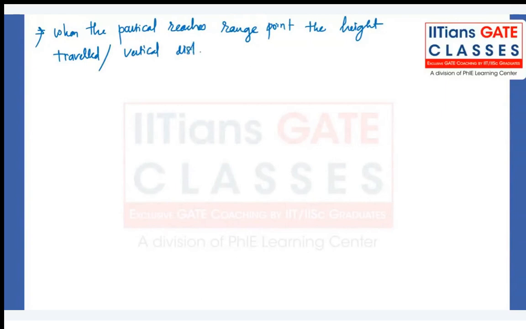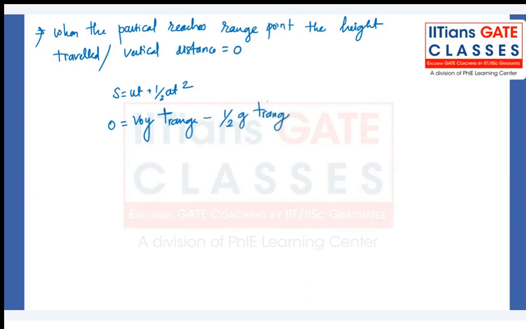You know s is equal to ut plus half of at square. Using this, if you equate s equal to zero, considering the vertical velocity v naught y and the time at which it happens, t range, minus half of g t range square.